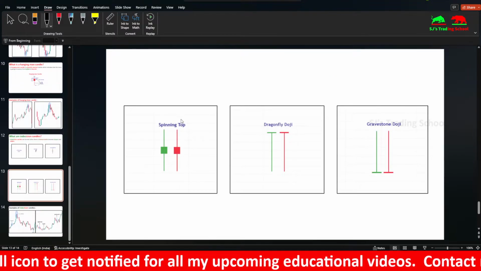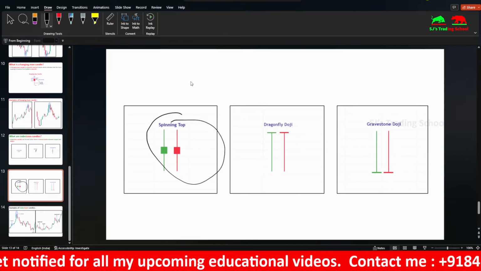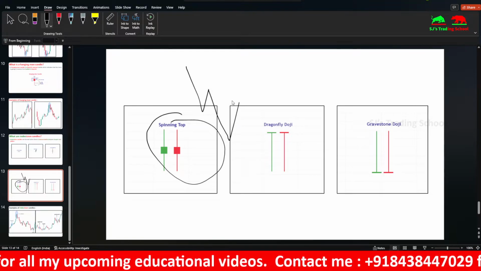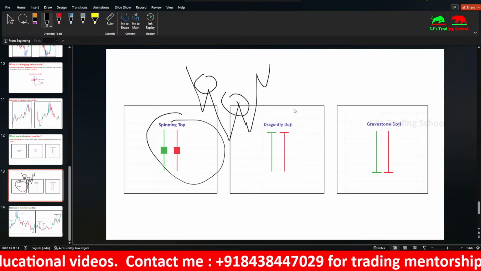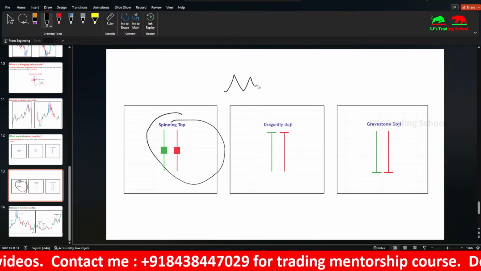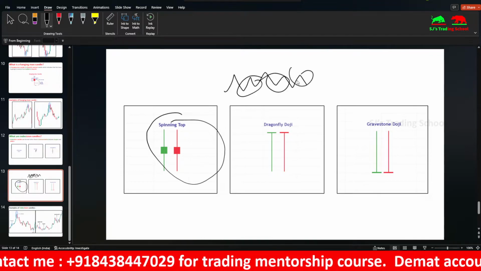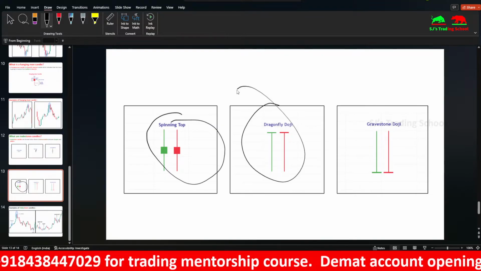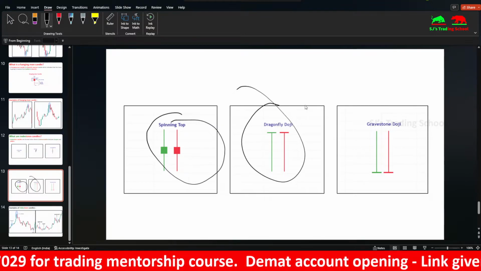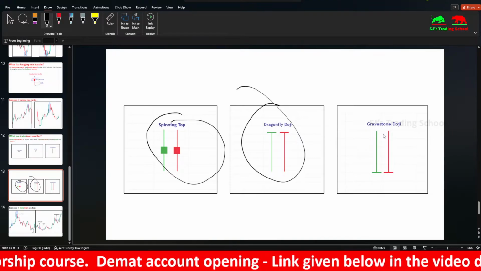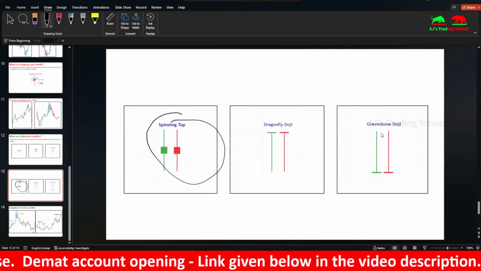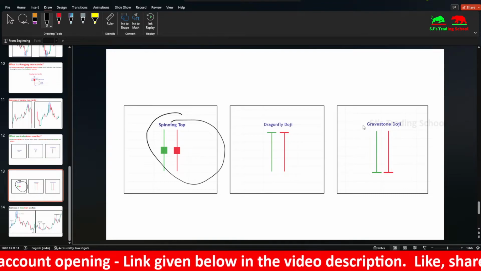Then coming to the spinning top, which usually happens at a reversal point, or it happens in a sideways market. So it happens around here. Dragonfly doji is similar to a hammer or hanging man candle, and a gravestone doji is similar to a shooting star or an inverted hammer candle.